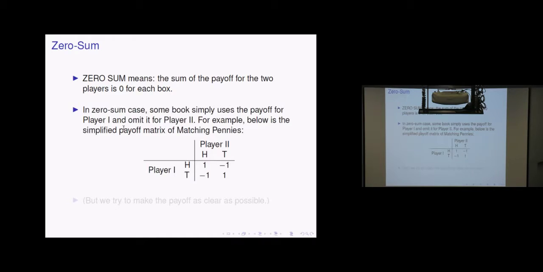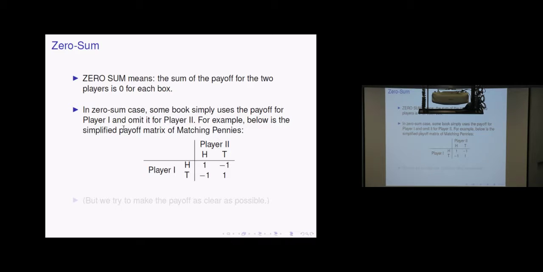So in the zero-sum case, the payoff can be simplified, because I know the total sum of the payoff is 0. If I know player 1's payoff, player 2's payoff is the opposite. If player 1 is 1, player 2 is -1. So I can have a simplified payoff matrix.